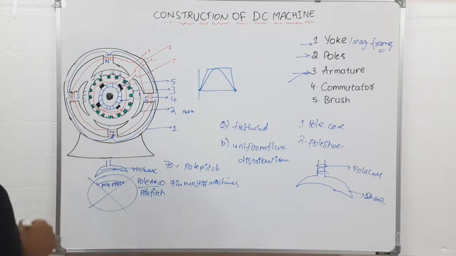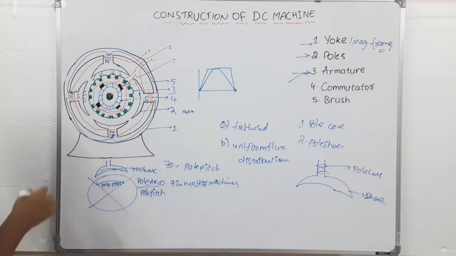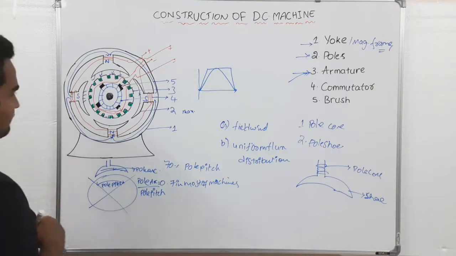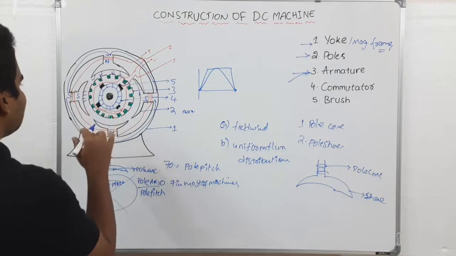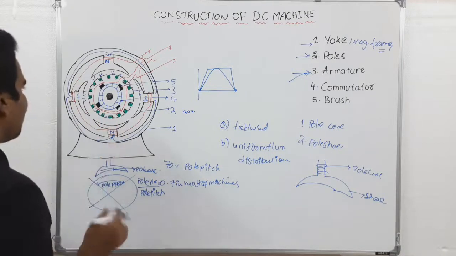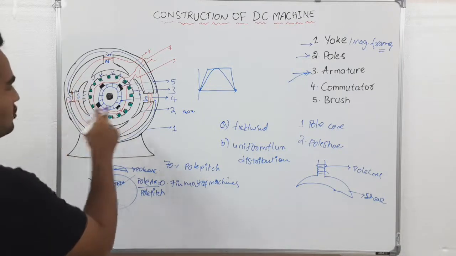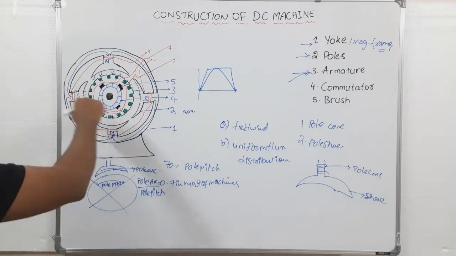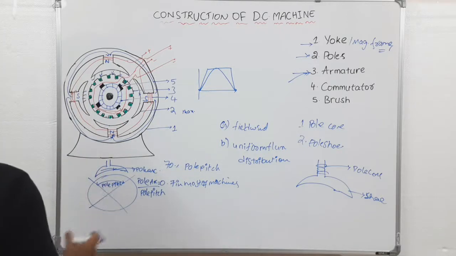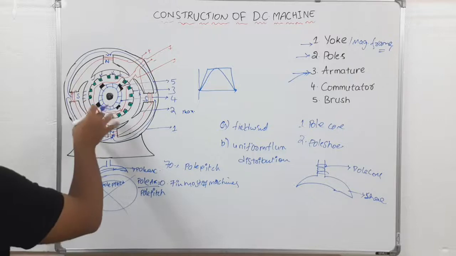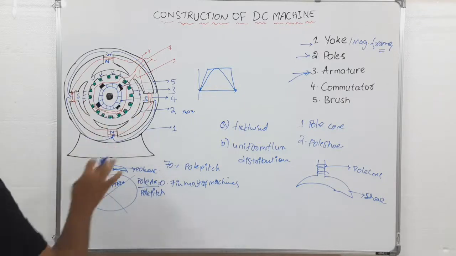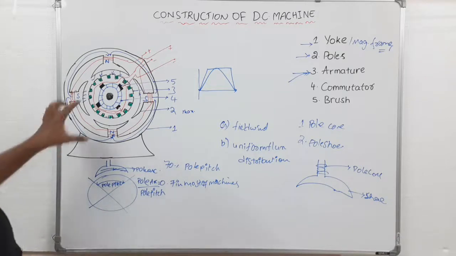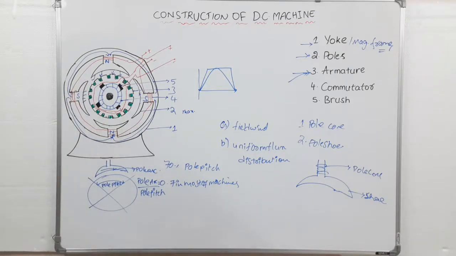Armature is made up of silicon steel, and it also provides a low reluctance path for magnetic flux to pass through. The air gap has maximum reluctance, and the armature provides a low reluctance path for magnetic flux lines, and it accommodates conductors.